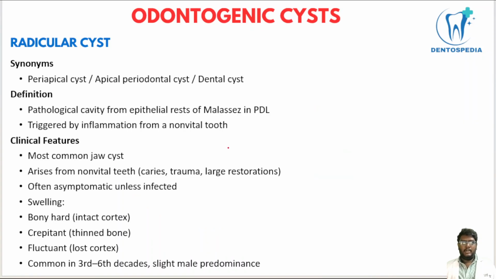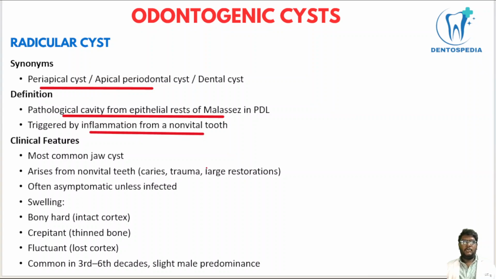And coming to the important cyst, that is called radicular cyst, and it is one of the important cysts in the odontogenic category. It is also called periapical cyst, also called apical periodontal cyst. It is nothing but a pathological cavity arising from the epithelial rests of Malassez in the periodontal ligament, and it is mainly triggered by inflammation from a non-vital tooth.